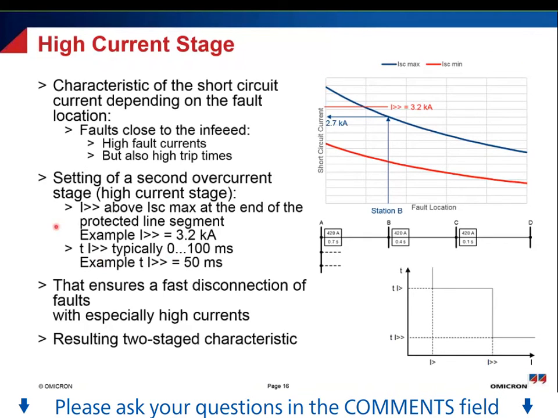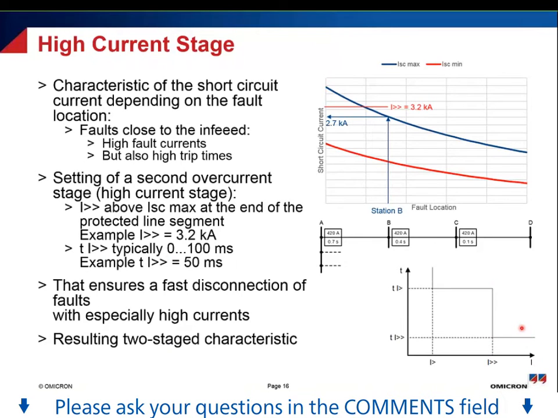The resulting protection scheme, or the resulting overcurrent protection characteristic, will now look like this. This is a two-stage overcurrent protection. Here you can see the first stage with a lower pickup value but a higher trip time, and then the second stage, our high current stage, with a high pickup value but therefore a very fast trip time.